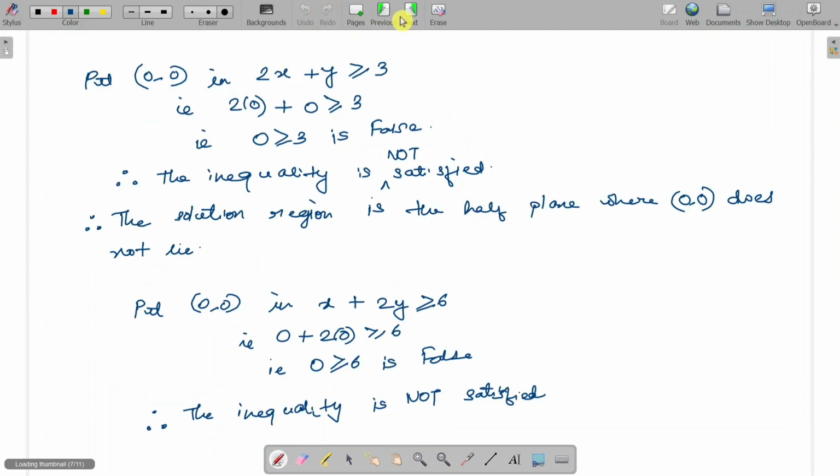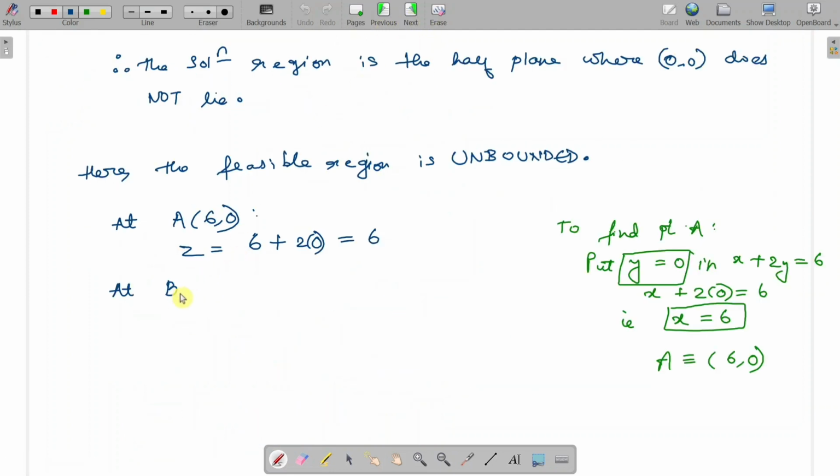This point is common to both the lines, so it is 0 comma 3. So z is equal to 0 plus 2 times 3, okay, 6. So you see that the value of the objective function is the same in both the cases.